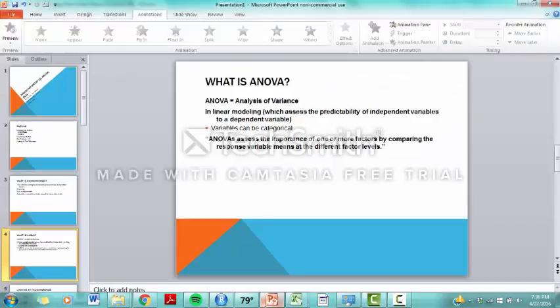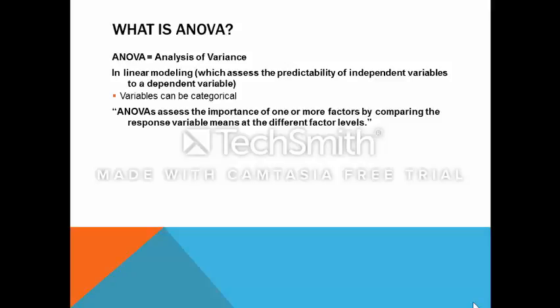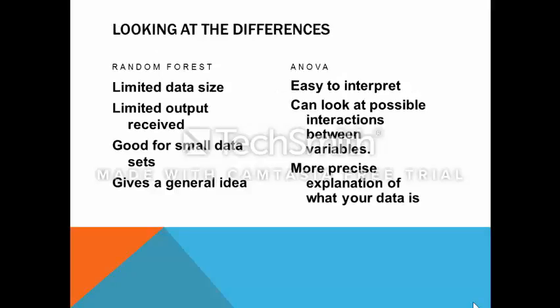With that, I'm going to hop into PowerPoint one last time to summarize these differences between random forest and ANOVA. In random forest, I had to simplify my data a lot in order to get it to run and get it underneath that 53 categorical variables.